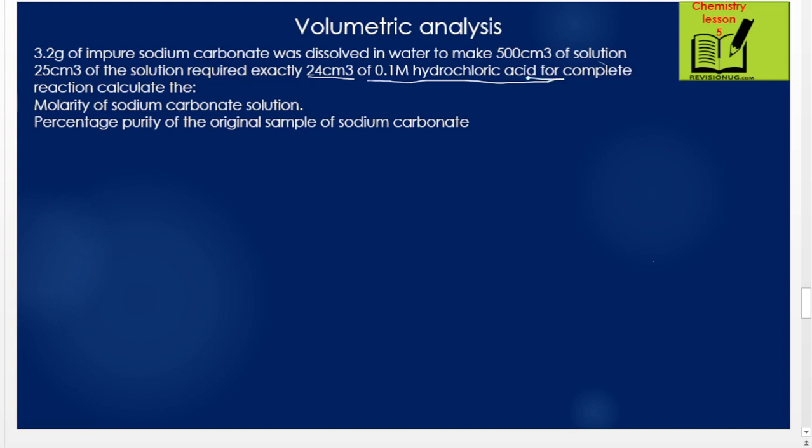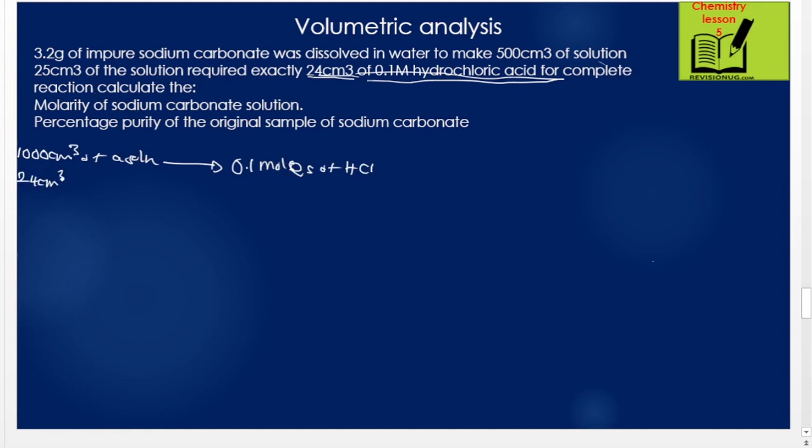Now we are going to first put this into interpretation. So this means that 1000 cubic centimeters of a solution contain 0.1 moles of hydrochloric acid. Then how about 24 cubic centimeters?